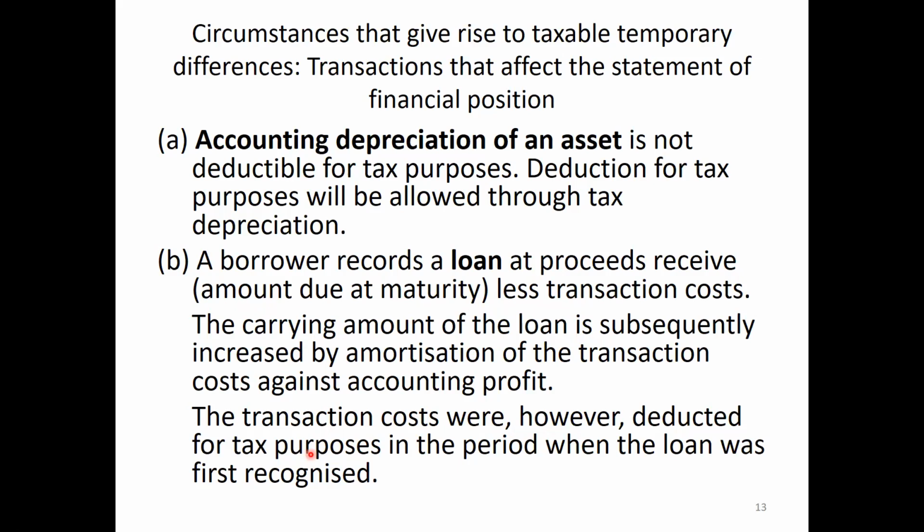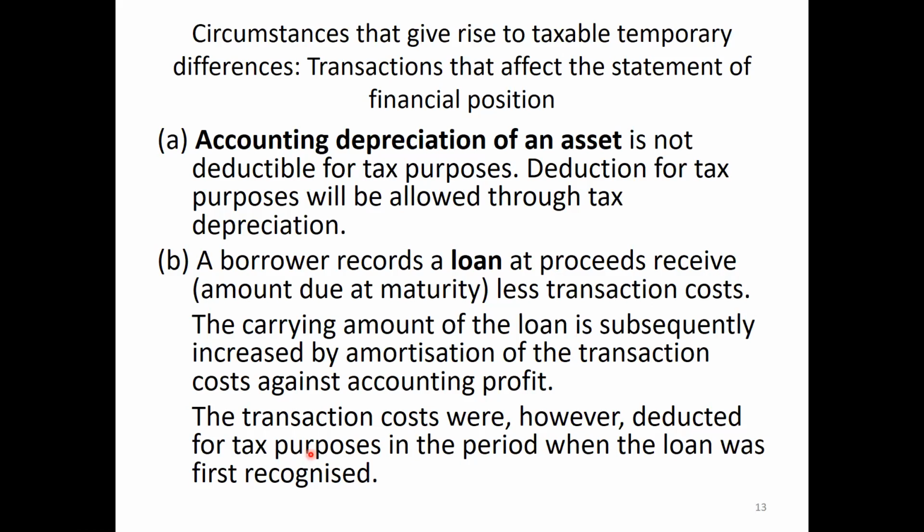In the tax treatment, say for example, this 5,000 will be deducted as expenses, transaction cost of the loan, immediately recognized as expenses. But in the accounting treatment, say for example, this loan can be utilized for 5 years. Then this 5,000 will be divided into 5 years.